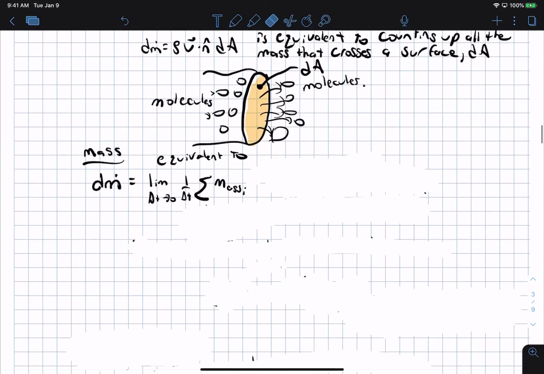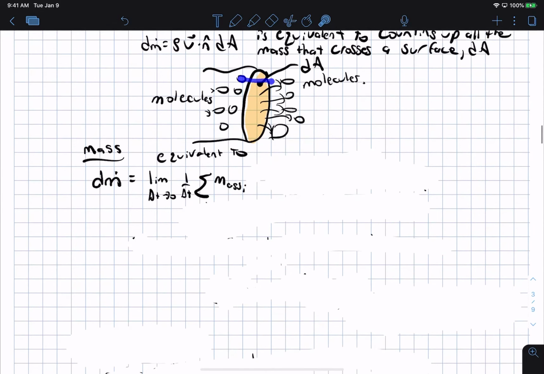Okay, so if we want to find the mass of all the molecules that pass through the surface in a time delta t, the net mass flow rate is equal to the sum of the mass of every single molecule that passes through the surface in time delta t, divided by delta t, and you take the limit as the time goes to 0.